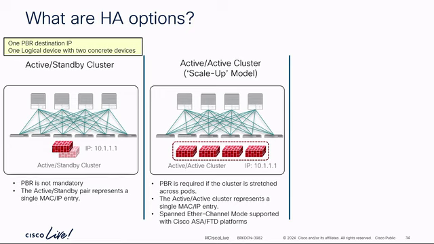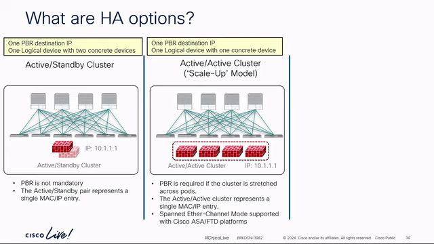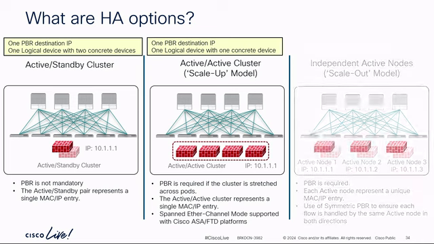So I'm going to talk about firewall behavior in the case of ASA and FTD. So they have firewalls in the same cluster using the same IP. It's one IP and one MAC entry. They are supposed to be connected to the fabric as if it's one logical device. I'm going to double-click this use case in the next slide.